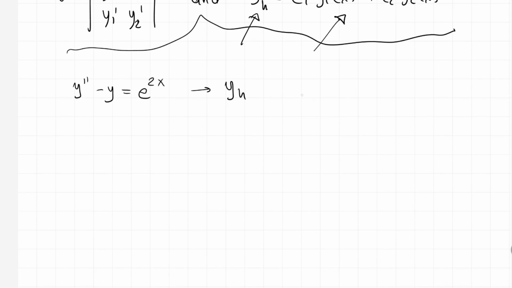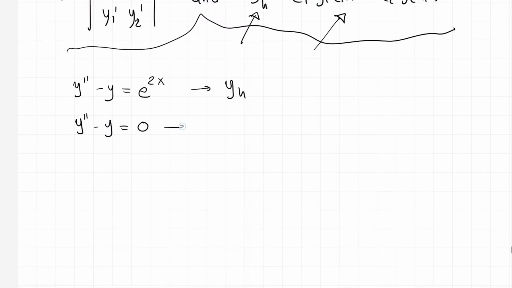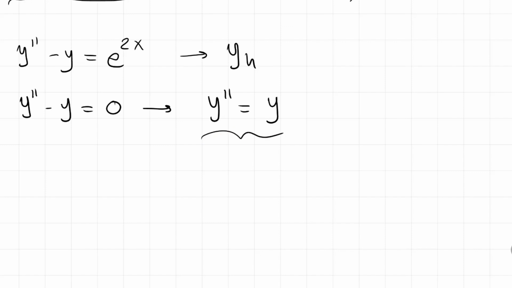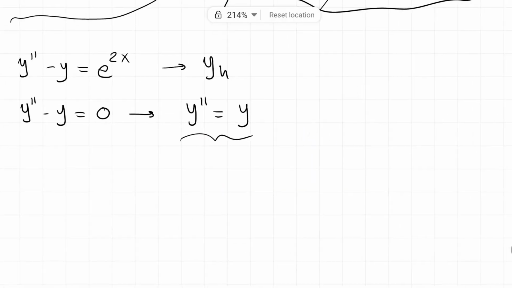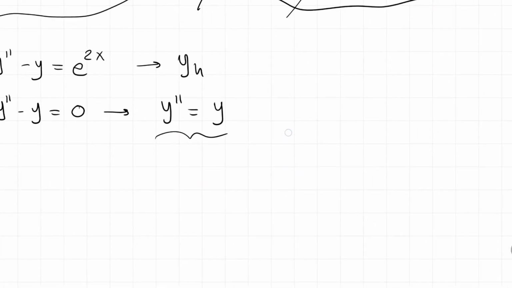To do that, we establish the homogeneous equation, which is y double prime minus y equals 0. In that case, we see that y double prime is equal to y, and just by the form of this equation, we immediately see that the solution is an exponential function.